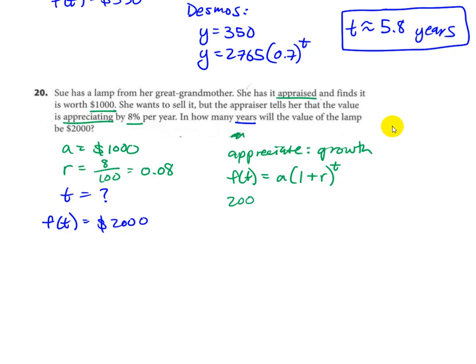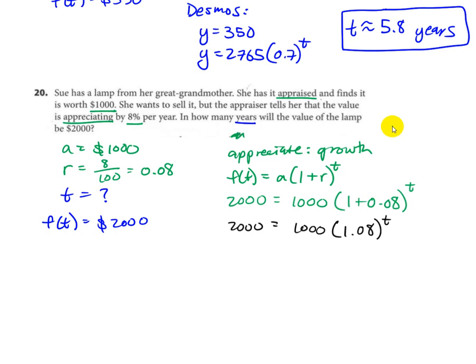So we have 2,000 equals, a is 1,000, and then we have 1 plus 0.08, and we raise that to the power of t. Okay, so I have 2,000 equals 1,000 times 1.08, because 1 plus 0.08 is 1.08, raised to the power of t.